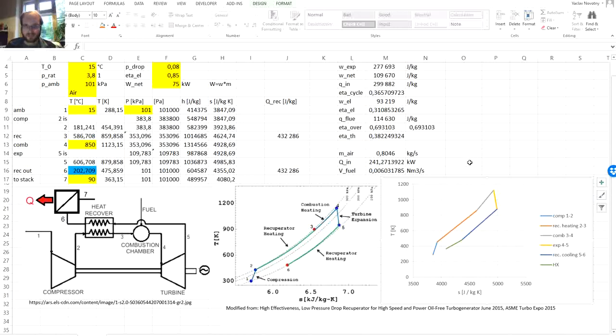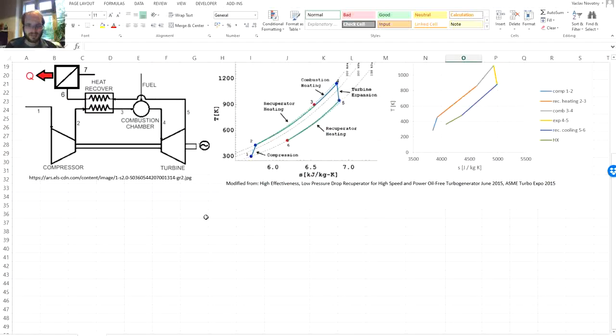And well, of course we can do that. How to do it? We will split the process between 2 and 3 into multiple elements, get the thermodynamic properties for each element, and then just connect them.